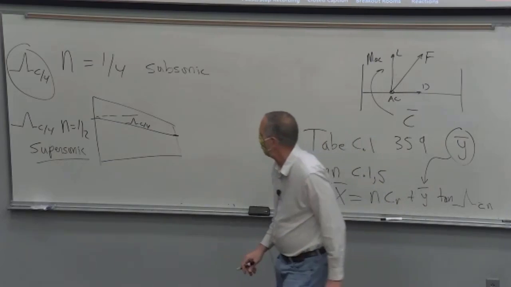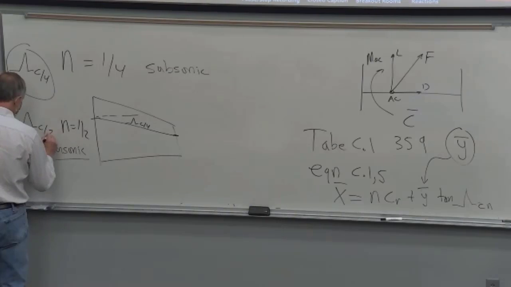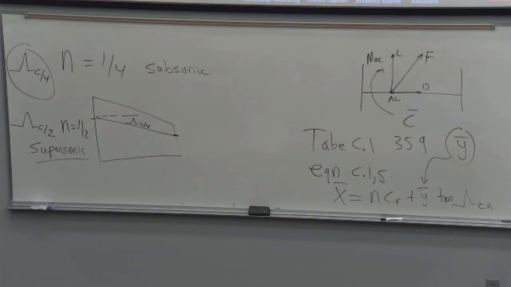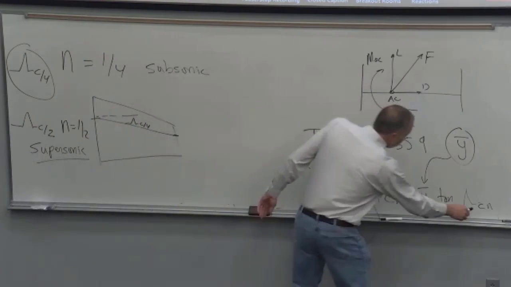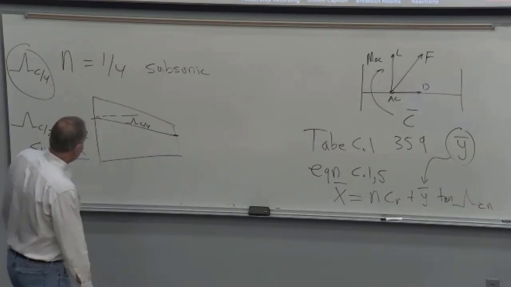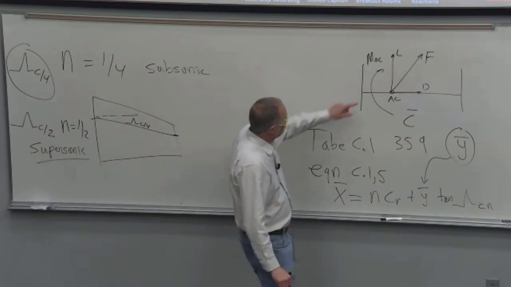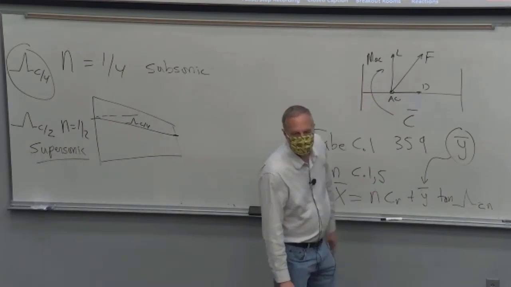Which one? Oh, I just totally messed that up. That is the half chord line because N is 1/2. So you plug in N and then it's N is 1/2, so C over 2. All right, so that gives us the ability to make this free body diagram for the wing.